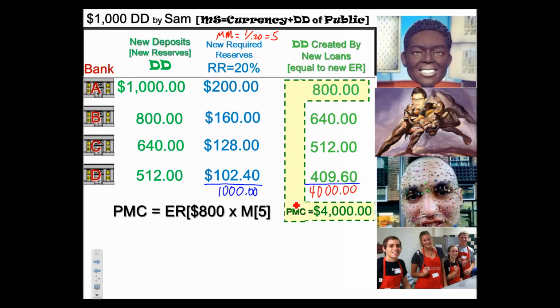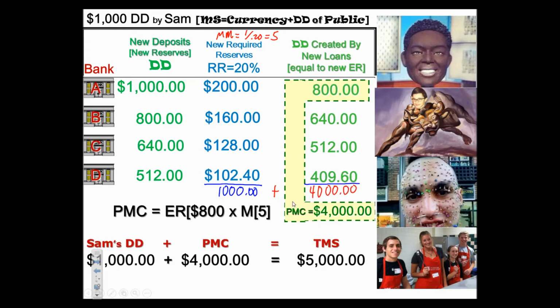If we added up every single deposit, and then add that to the initial amount of cash that existed, the total money supply would be as large as 5,000. This assumes that every bank loans out all of its excess reserves, and it assumes that every loan proceeds gets deposited into another bank. That rarely actually happens, so the money multiplier will be much less than what we suggest it is, but potentially this is how the money supply could grow.